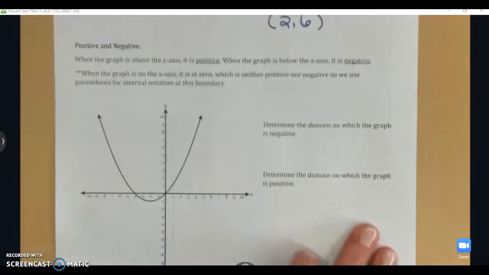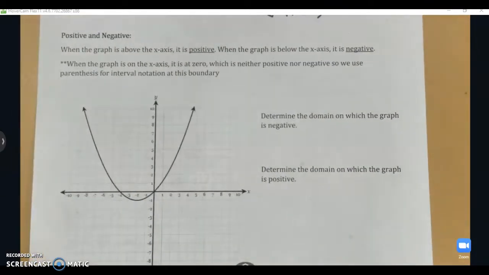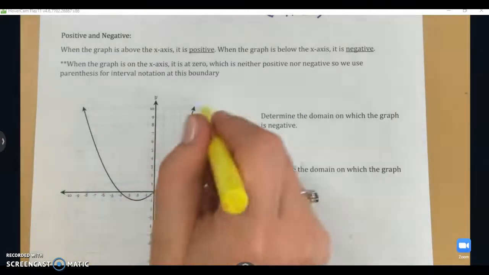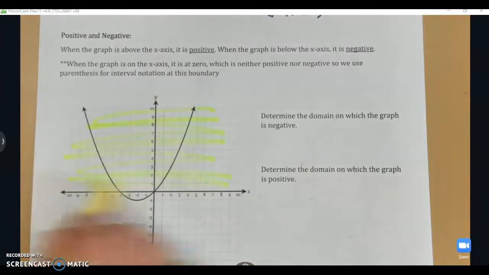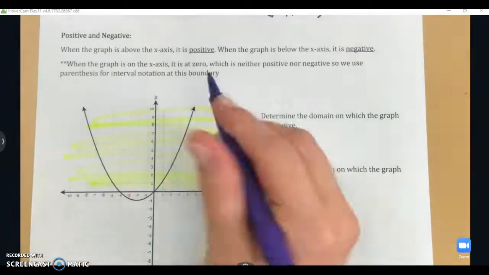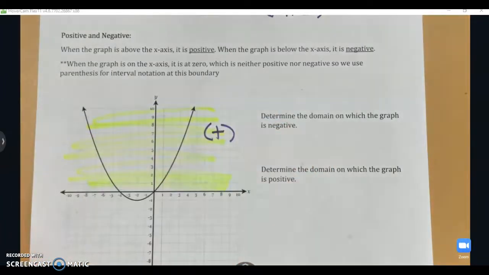All right, and then one last characteristic we're going to talk about is positive and negative. We call our graph positive when it is above the x-axis, and it's negative when it's below the x-axis. So everywhere up here in the yellow is positive, and everywhere below in the blue is negative.